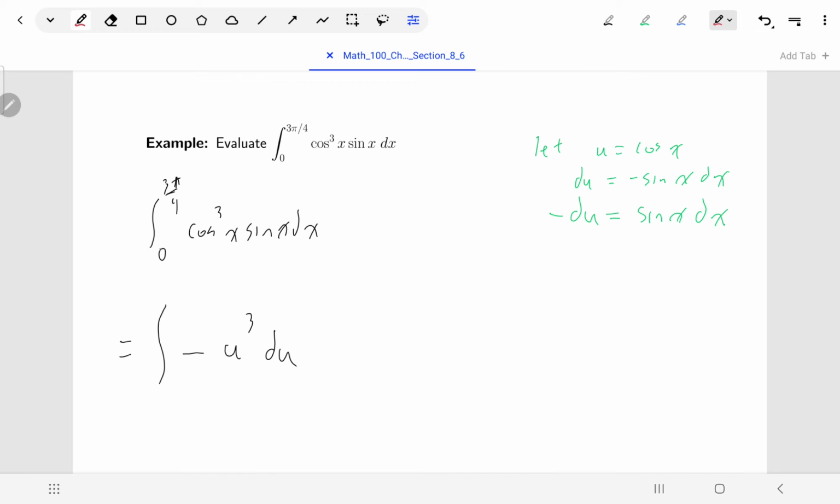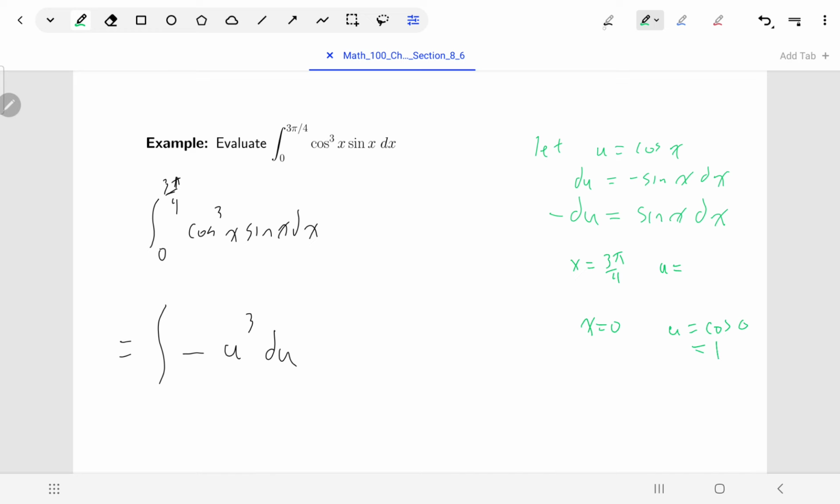So for our lower limit of integration, we said that x was 0, and for our upper limit of integration, x was 3 pi over 4. So the question is, what is the lower limit for u then? And what's the upper limit for u then? So when x is 0, u is cosine of x, so in other words, u is cosine of 0, which is 1.